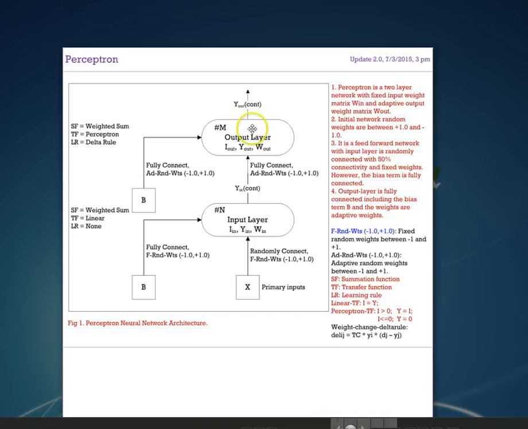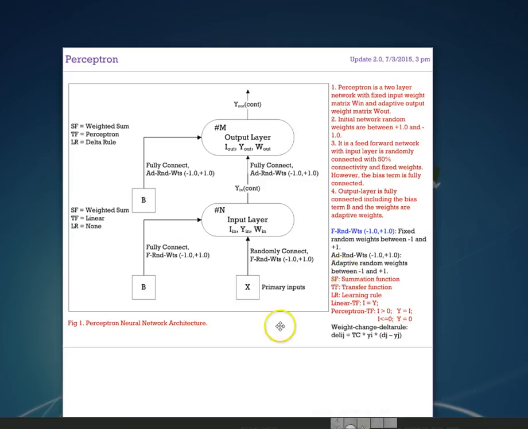Obviously, the amount of weight change that you want to make will be proportional to the amount of error that you have. What is your desired value and what is your computed value? The higher the difference between desired and computed value, the higher the weight change that you would make. Of course, it also depends on the input activation.